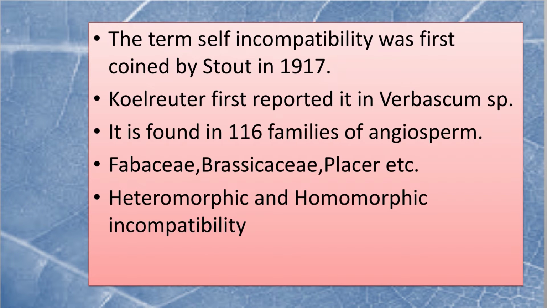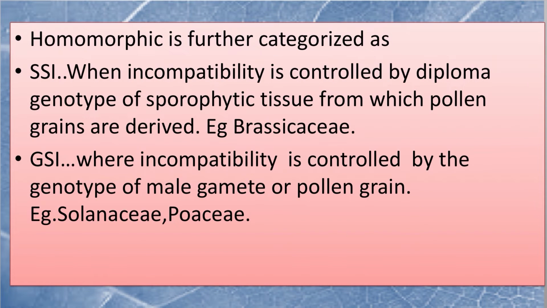And the self incompatibility can be of two types. One is heteromorphic type, one is homomorphic type. This homomorphic type is again categorized into GSI, that is gametophytic self incompatibility, and SSI, that is sporophytic self incompatibility.